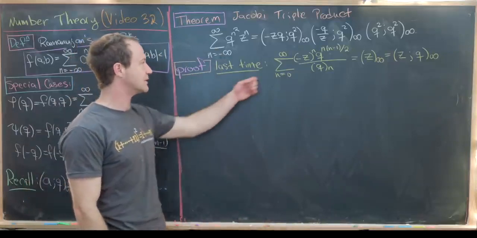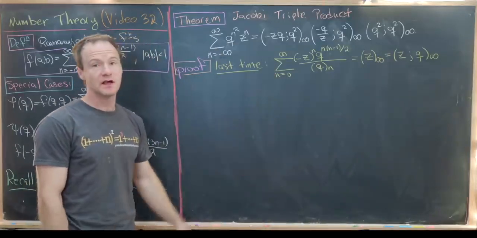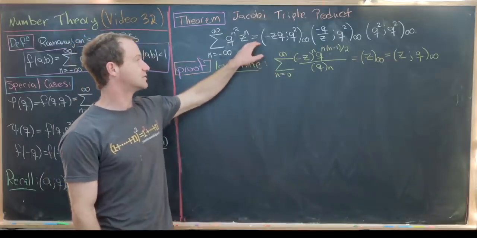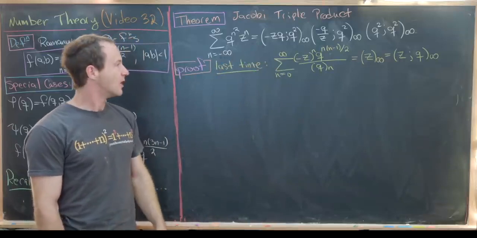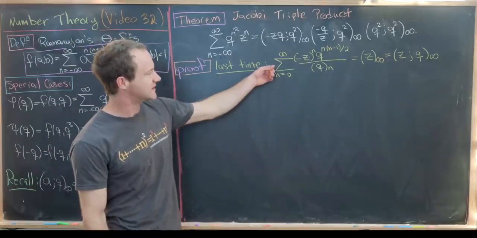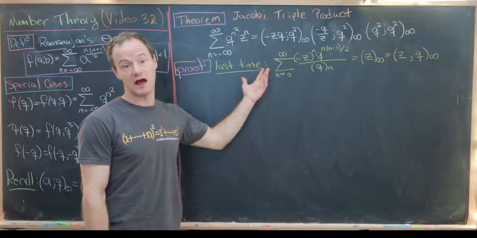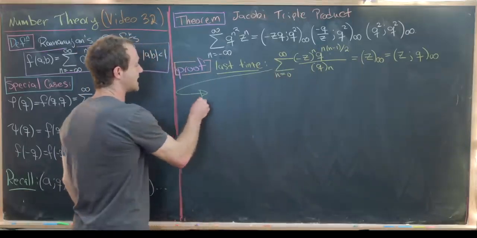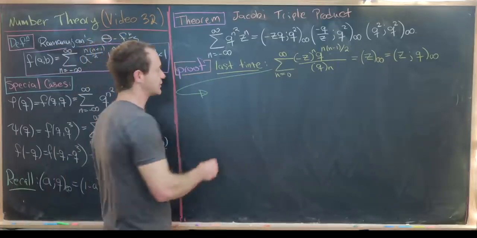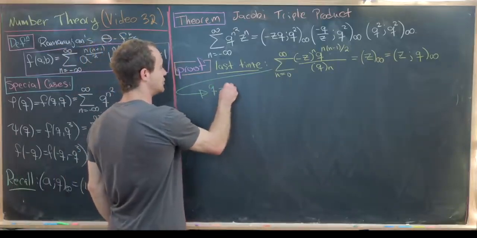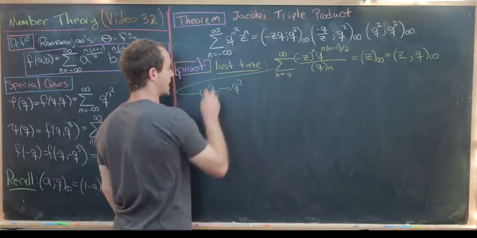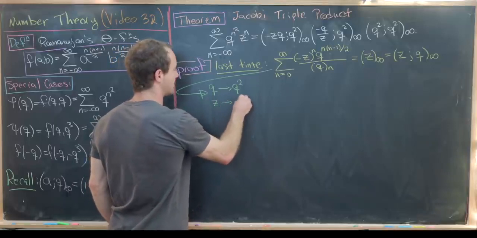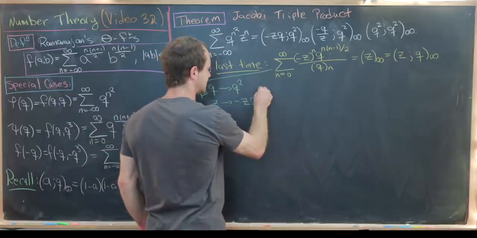So in the last video, we proved this thing which I've written in yellow, and we're going to use this several times as a tool to prove this guy up here. Okay, so let's jump into it. So let's look at this identity which we've derived in the last video. And what we will do is take it and make a couple of replacements. So the replacements that we'll make are q will be replaced with q squared, and then z will be replaced with minus z times q.